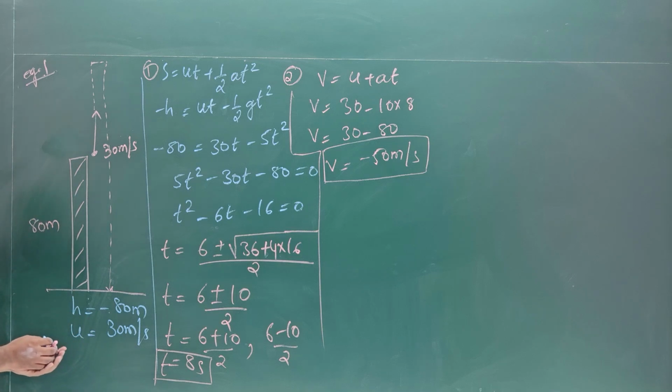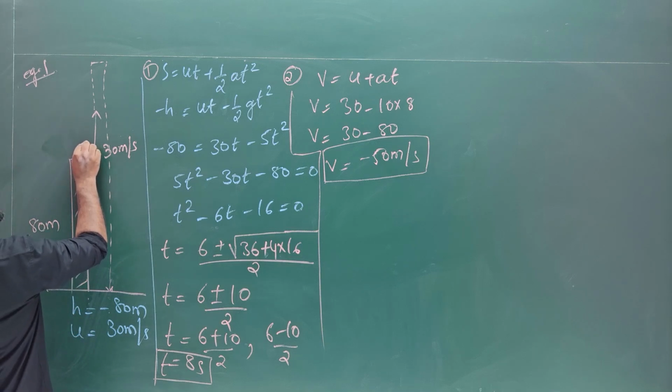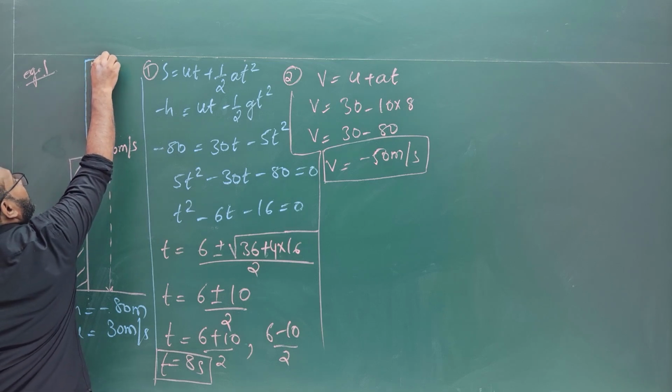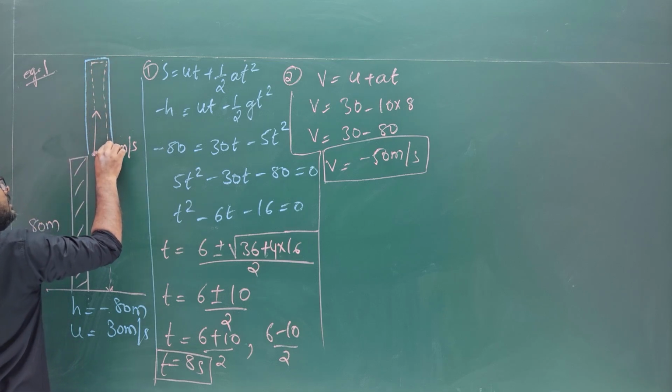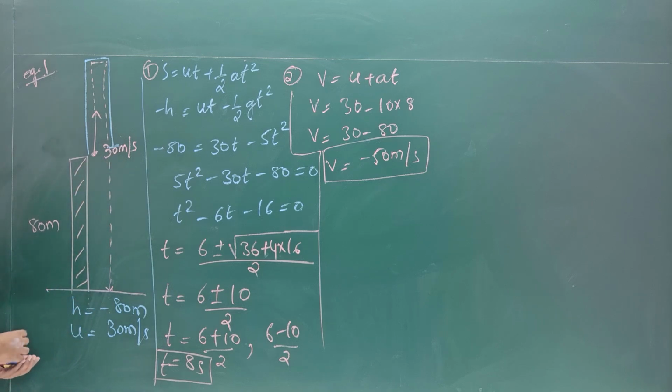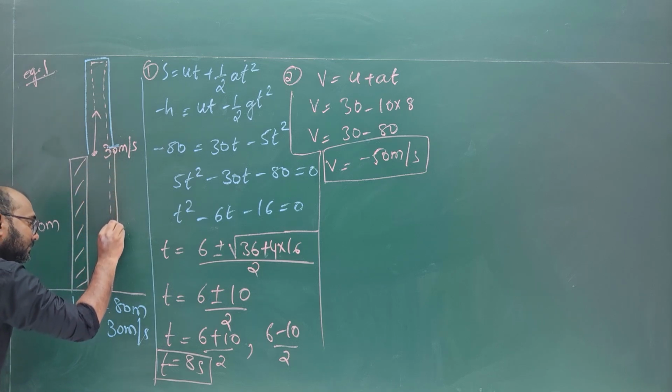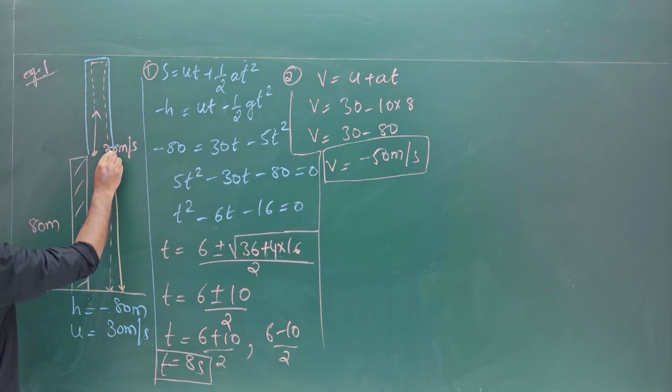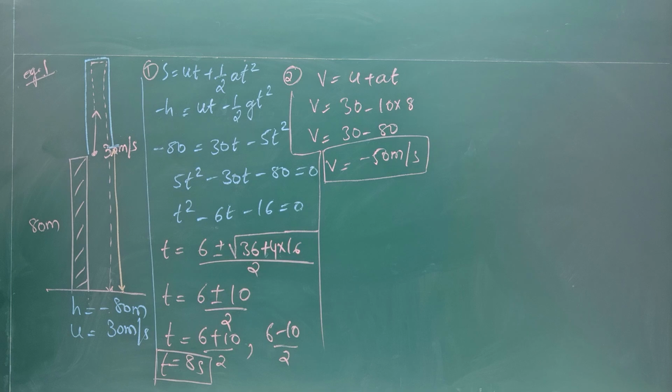Can I also say that the time required from going upward and coming till here, again to the origin point, plus this time should be equal to 8 seconds? Yes or no? Okay, let us calculate the time first.